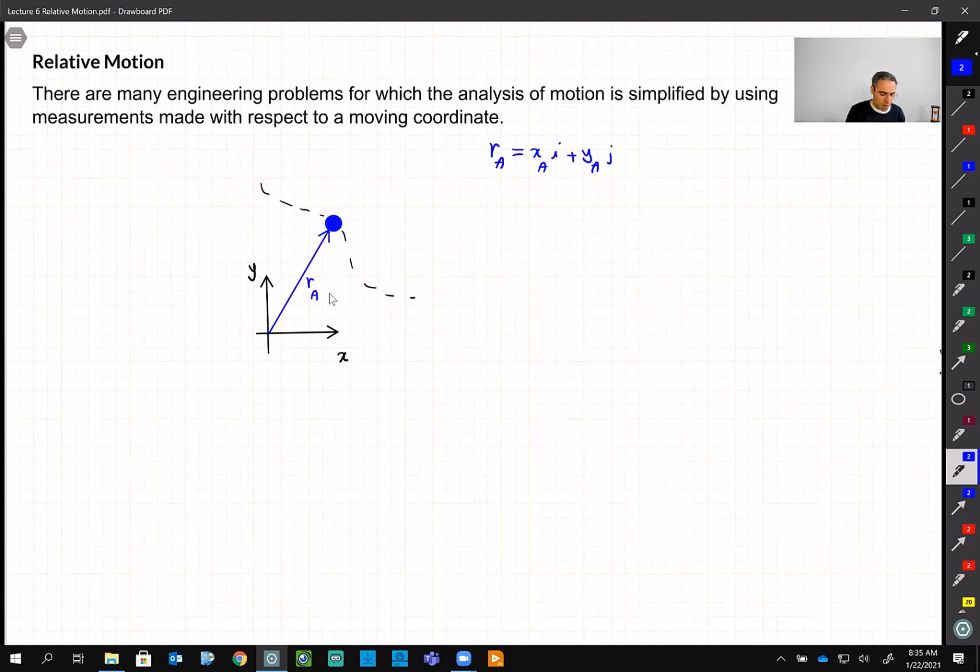But let's say I'm interested to know more about this point A, when somebody is over here, watching that guy.